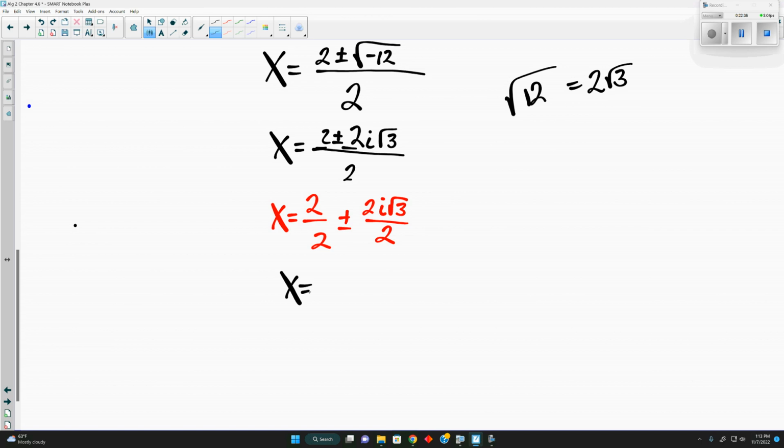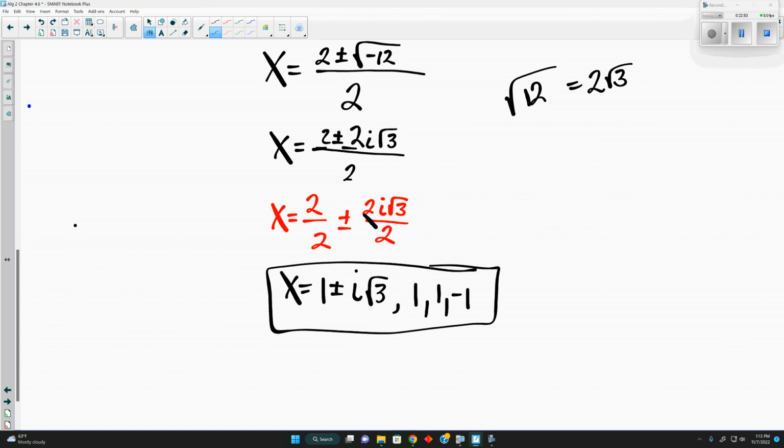Well, the first one, 2 divided by 2 is 1, and the second, 2 divided by 2, just leaves us with i square root of 3. So we have 1 plus i square root of 3 and 1 minus i square root of 3. And that's it. Questions on this here? And that's all we have to do for these here. We good with these here?